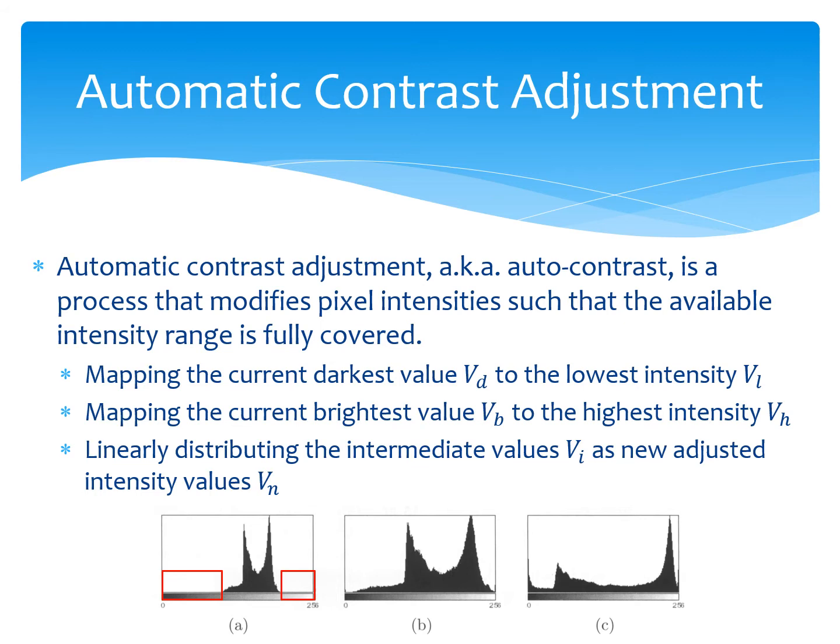If we can stretch the pixel intensity distribution of a low contrast image in A toward both ends, as shown in green and blue lines, we can obtain the pixel intensity distribution in B, representing an image with better contrast.